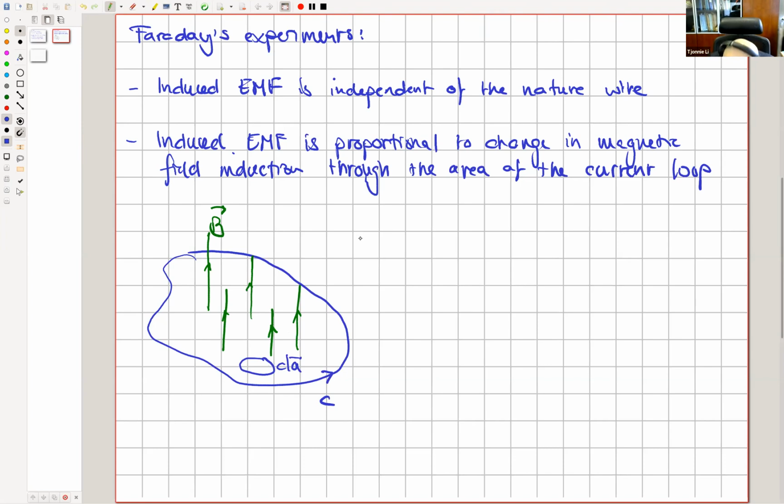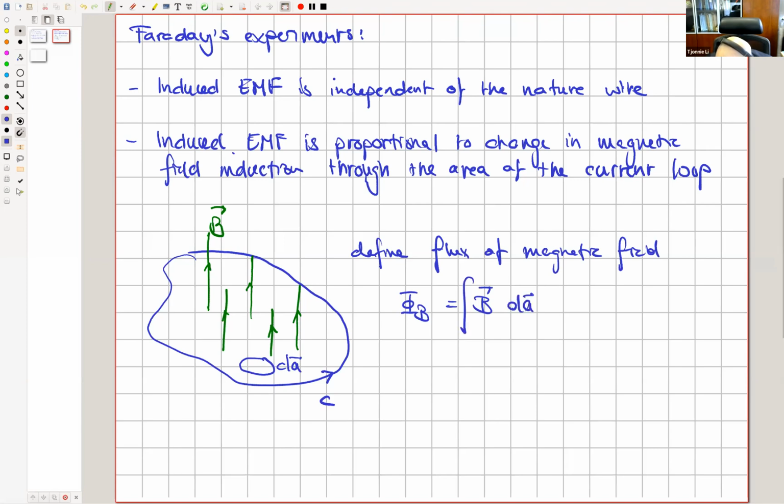So if we define the flux of the magnetic field, that is basically the amount of field piercing through an area, which in this picture on the left is basically just stating how many of these field lines pierce through this area A.